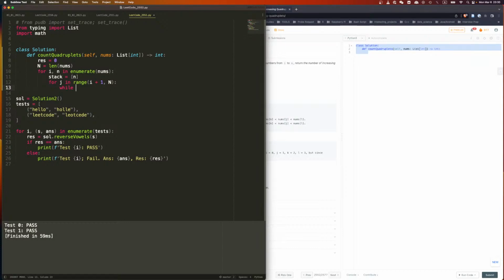No, that's the monotonic decreasing. What's the monotonic increasing? Increasing if it is something small. Then if something is this, then we'll pop. So if the top of the stack is larger than me, then we'll pop. Okay. So if it's larger than me, then we will pop.